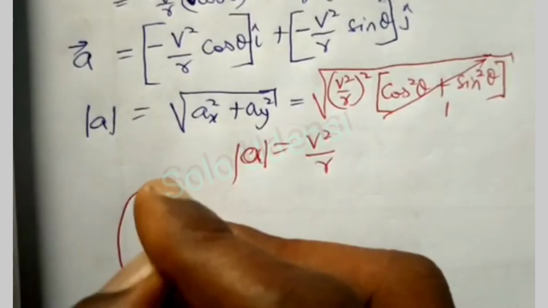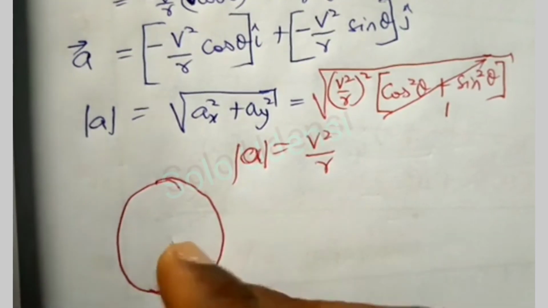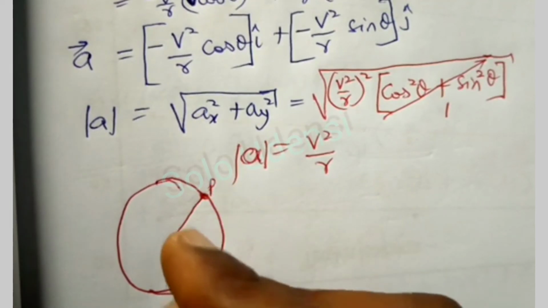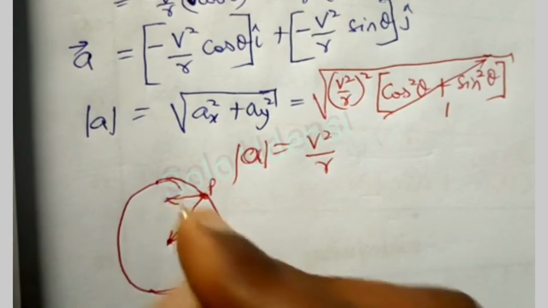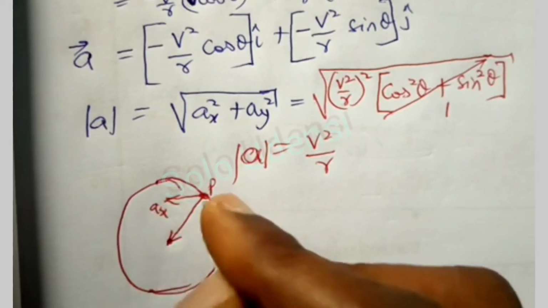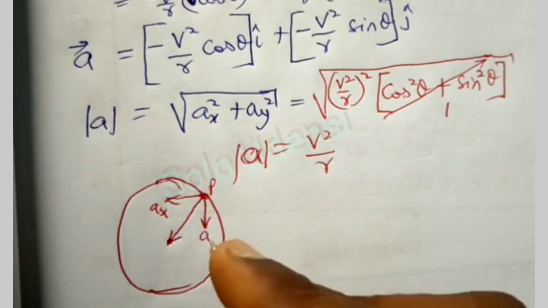And that centripetal acceleration also has components. This one is moving in the x direction, ax, and this one is going down, ay.